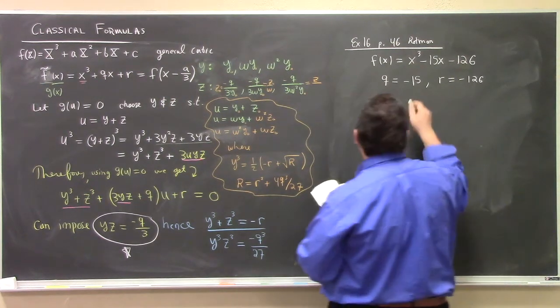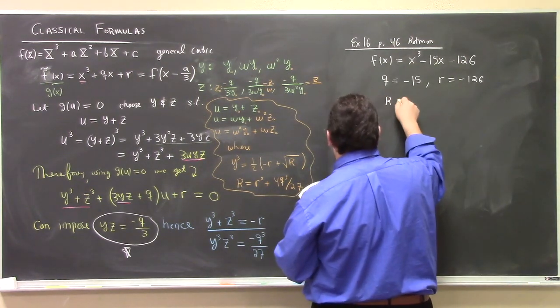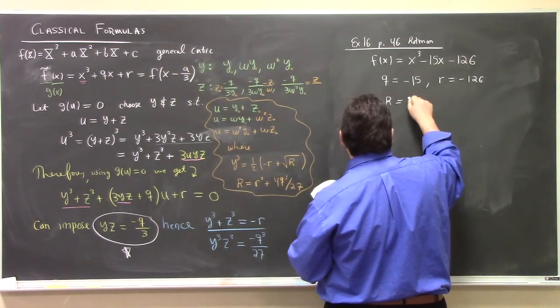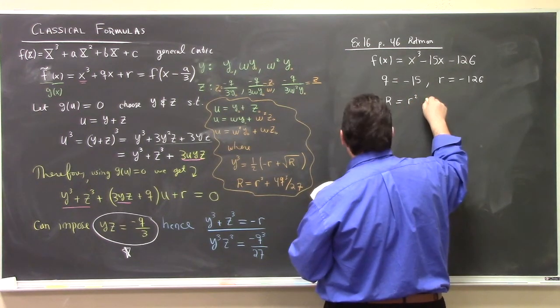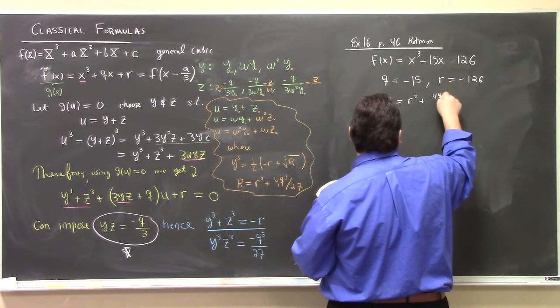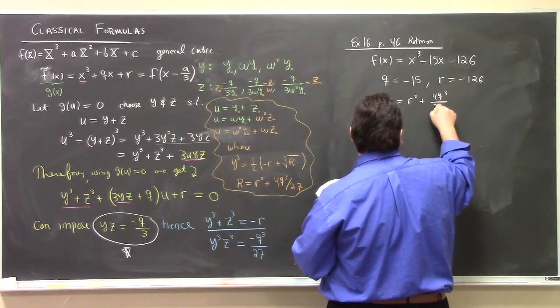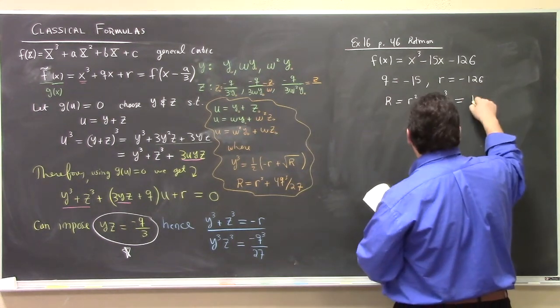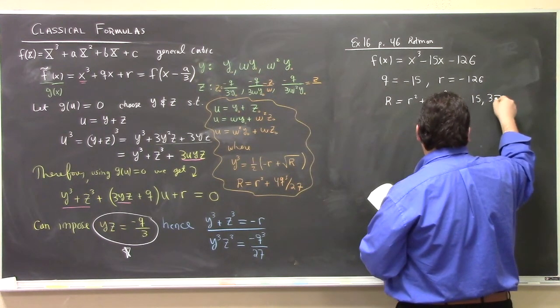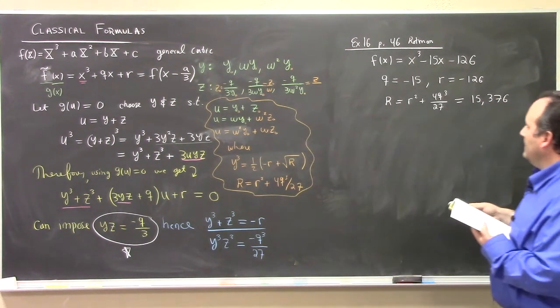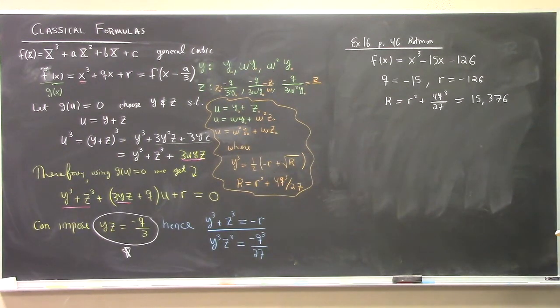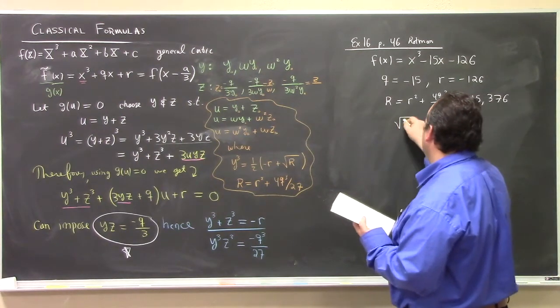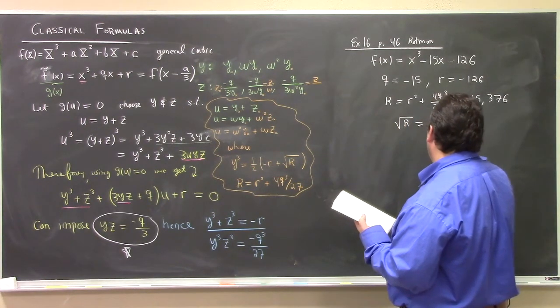So the big R, which is r squared plus 4q cubed over 27, well, that is obviously 15,376, right? So the square root of big R is 124.